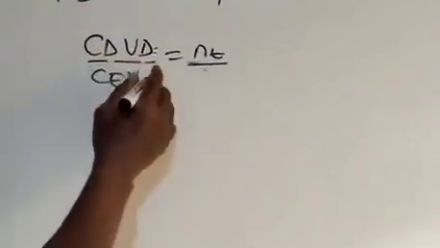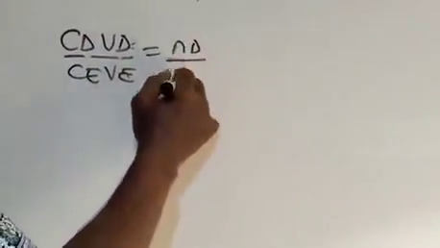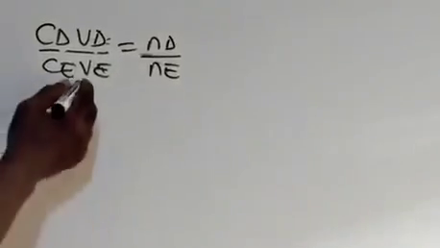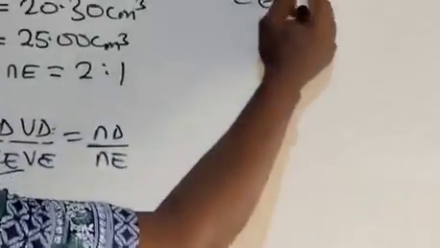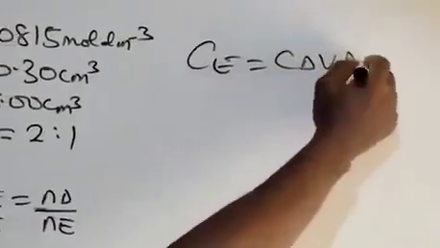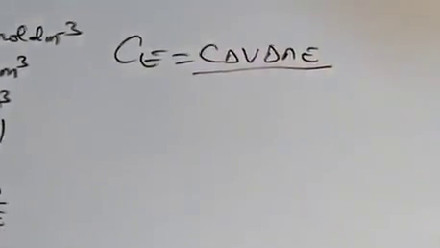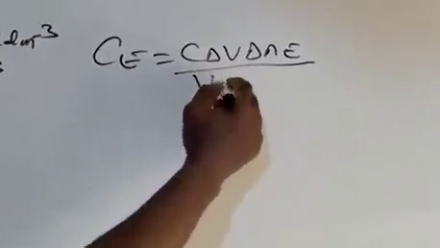Let's put the acid on top and the base under. So make CE the subject. CE becomes CD VD NE all over VE times ND.